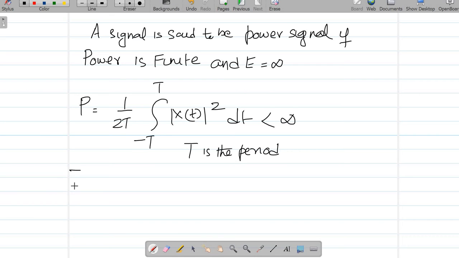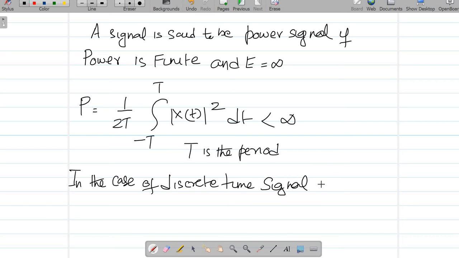So in the case of a discrete time signal, the energy is limit N tending to infinity, summation small n goes from negative N to positive capital N, |x(n)| magnitude squared.